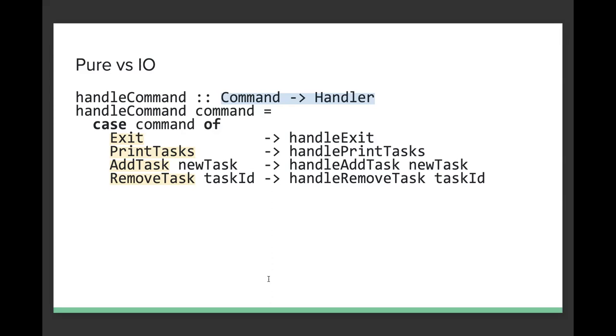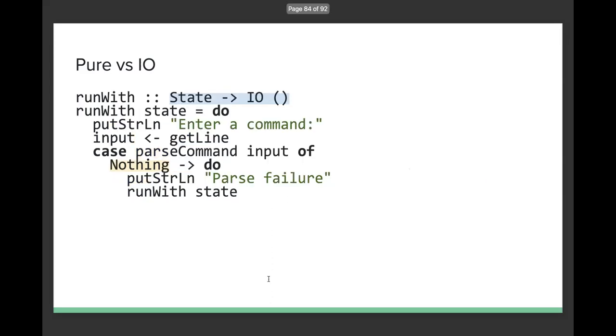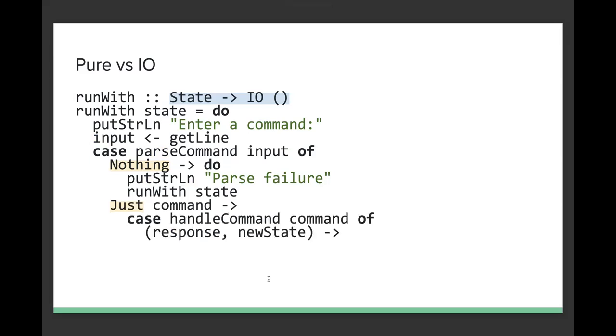Now we can use this in our run with function. So what changes? Everything is the same for the nothing case. But now if the parsing of a command is successful, we have a command, and instead of pattern matching on different commands, we can now just simply handle command.